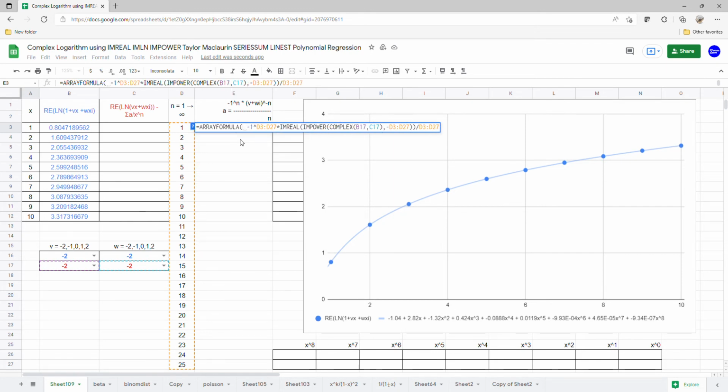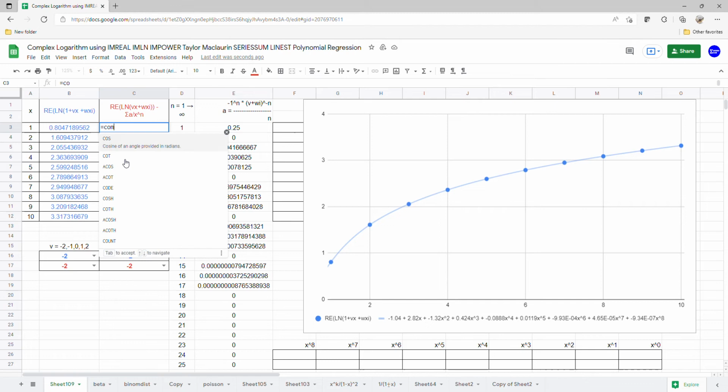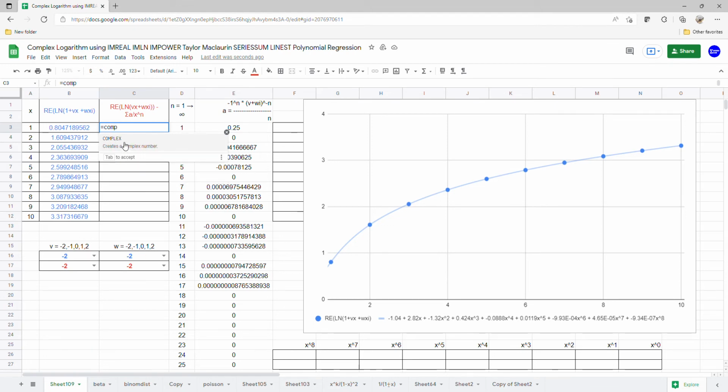Now we continue with the series sum. So first we begin with the complex part. So the first item, so complex, that's v times x. Now the imaginary.